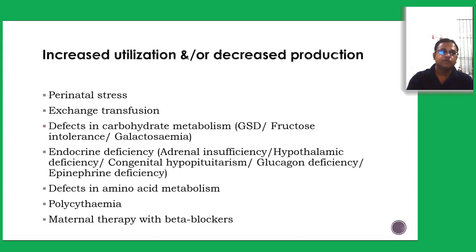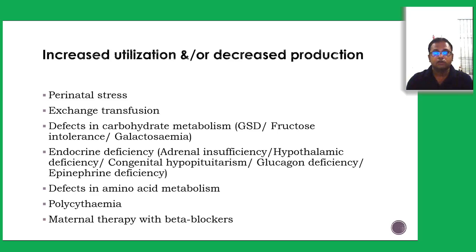Those examples include perinatal stress, exchange transfusions, defects of carbohydrate metabolism, for example, glycogen storage disorders, fructose intolerance, galactosemia, and then it could be due to endocrine problems like adrenal insufficiency, congenital hypopituitarism.